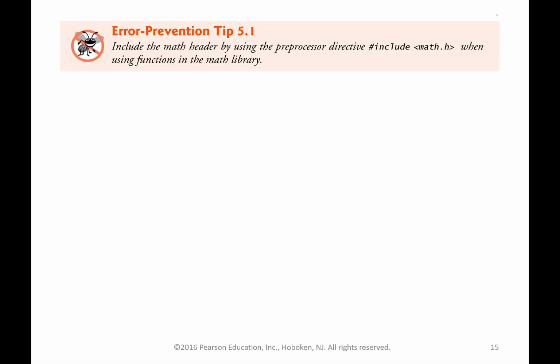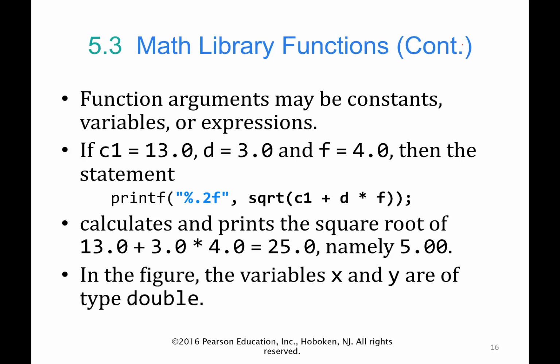So, the header: include math.h. We've talked about that last time, that before you use the power function, you have to include math.h. There's all kinds of other functions. And note that we are passing a formula to this.